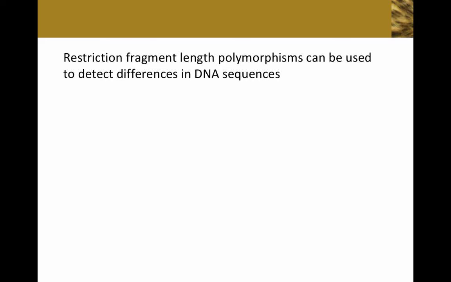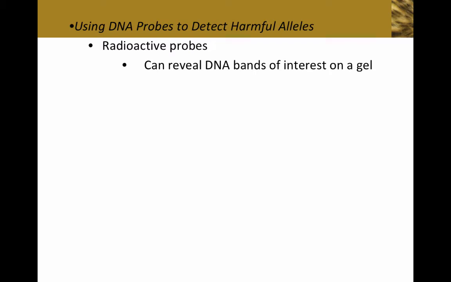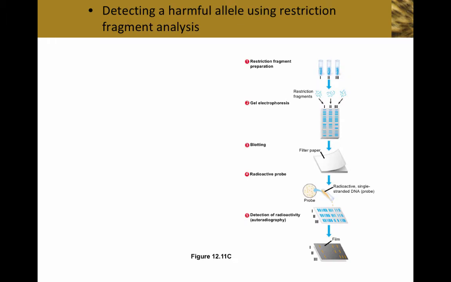And so these restriction fragment length polymorphisms that we can talk about can detect differences in DNA sequences, and they're basically revealed on bands. Now, when we're looking at harmful alleles or anything that could be disease-wise, a lot of times what you can do is use radioactive probes, and those can reveal your gene of interest.